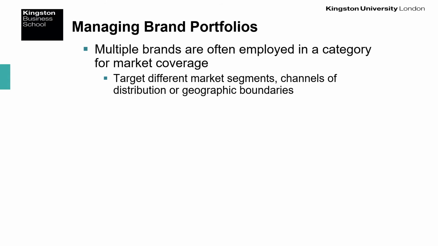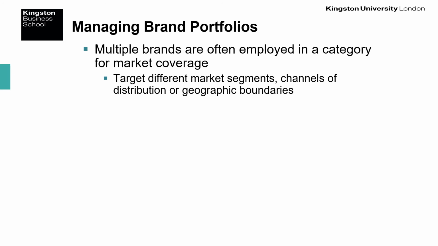Multiple brands can also be used by organisations within a specific product category to ensure that they have different brands for different geographical areas. And that may be because in one country there's a legacy brand that has been acquired by an organisation that has strong heritage, and so they want to keep the brand. So the example of Rowntree's polos would fit here.